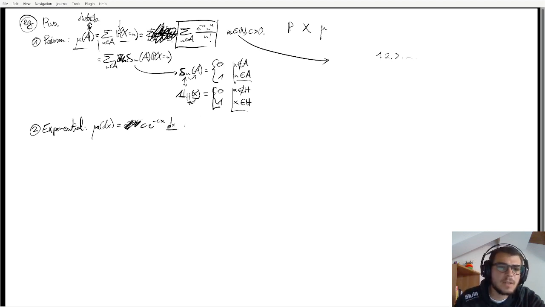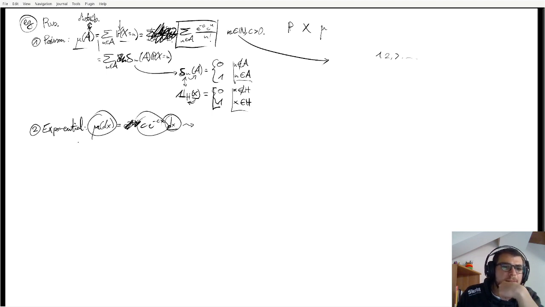So how can we explain this formula? Well, this is the Lebesgue measure, and this is the density, and this is the distribution. Why is the Lebesgue measure denoted in this way?